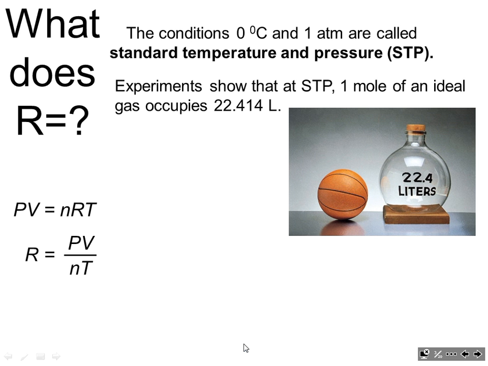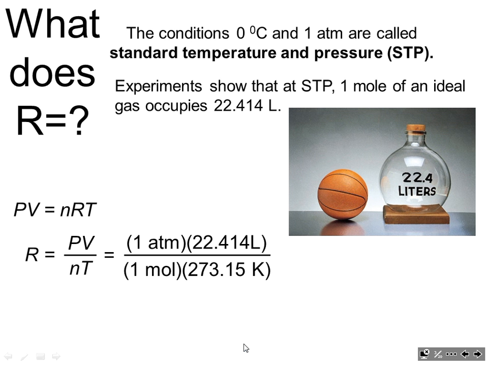What's our moles? 1 mole. What's our temperature? 0. So if we would do those, 1 atmosphere, 22.414 liters, multiply those together and divide by the temperature. Look what I did to the temperature. What did I do? I changed it to kelvins.